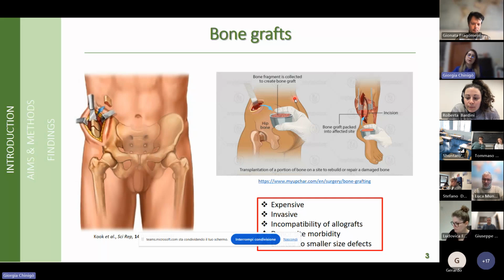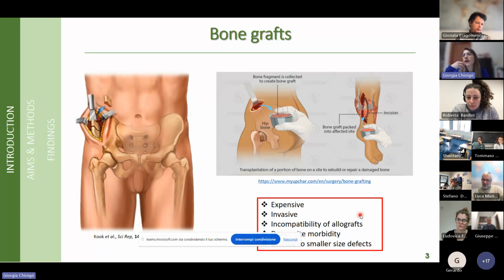But this procedure suffers from some drawbacks. Indeed, beyond being expensive and of course invasive, because it is required to collect from the patient bone fragments, typically from his iliac crest, and in addition to the possible incompatibility when using allograft, one of the main concerns of this procedure is the potential for donor site morbidity.